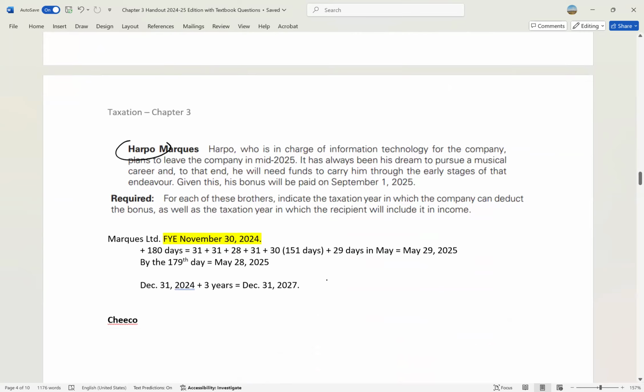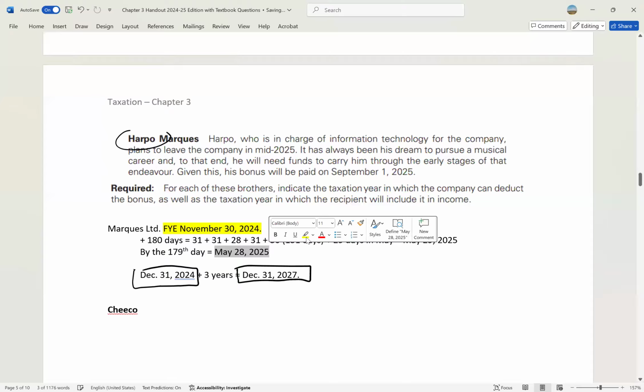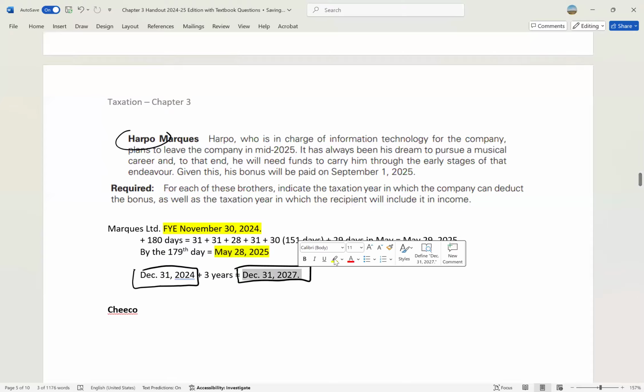So we start with December 31st, 2024. We add 3 years, and so that 3-year time limit is December 31st, 2027. So we have the 179th day here, and then we have that 3-year time frame right here.